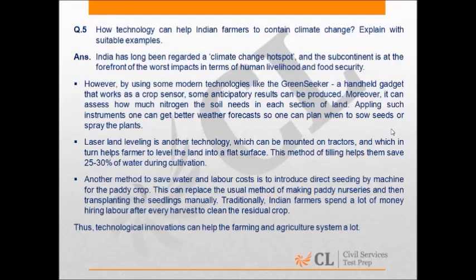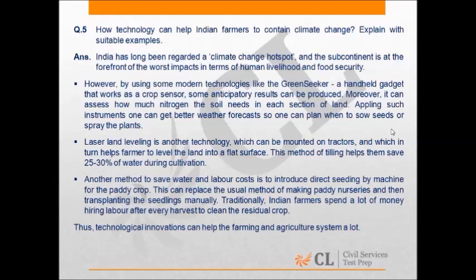To tackle this, to avoid burning crops, one technology known as happy seeders has been introduced. These are attachments mounted on tractors that help sow wheat even when the paddy residue is still standing on the fields. It means we do not need to burn the paddy remains.